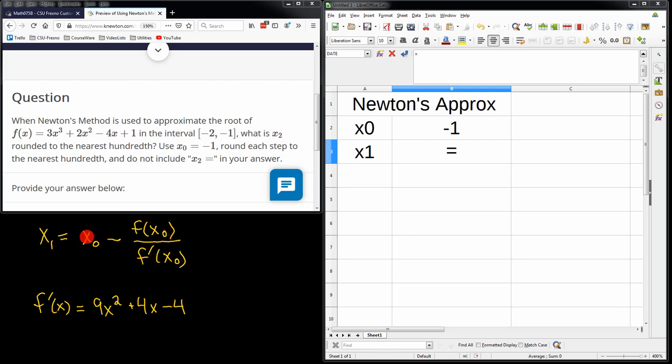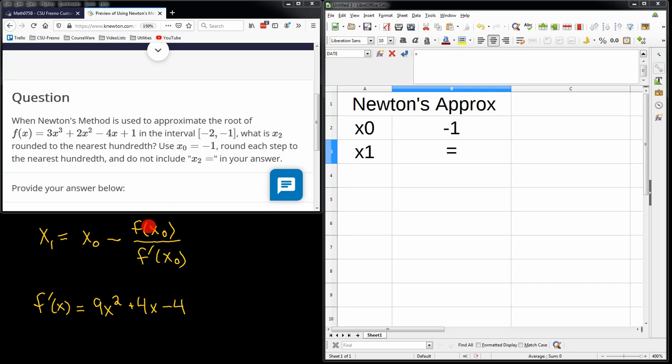But the catch is, instead of typing in x0, I'm going to enter a cell reference. You might think, instead of x0, I'm going to enter -1, because that's what x0 is.